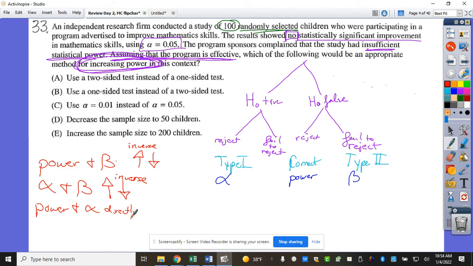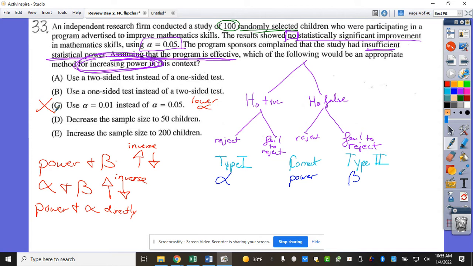What are we trying to do here? Get a higher power. What does C tell us? To lower alpha. Well, if they are directly related and we want to increase power, we want to increase alpha. A lot of people who missed this problem chose that one.